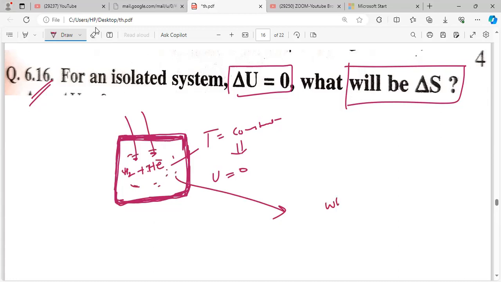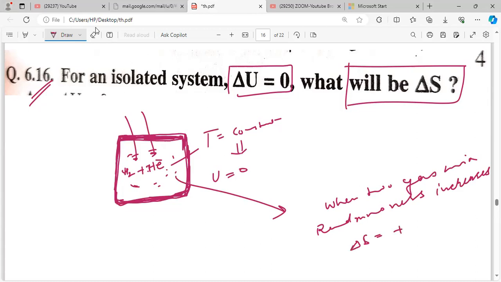So when two gases mix, randomness increases. Whenever you are mixing the gas, even if the gases are alone, they will randomize. Gas will be in random order. So that is what randomness increase is. So delta S will be positive.